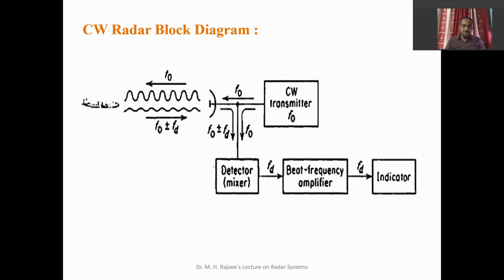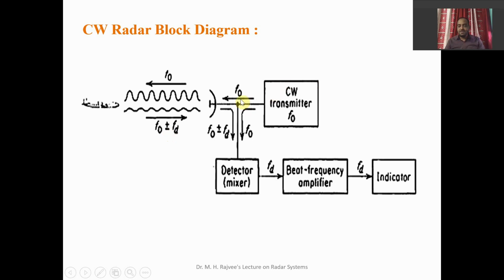Another difference is that the transmitted signal has a frequency of F0 and the received signal has a shift of plus or minus Fd, which is because of the Doppler effect. The received signal is F0 plus or minus Fd, due to the movement of the target. If the target is approaching us, this will become plus Fd. If the target is going away from us, it will become F0 minus Fd.